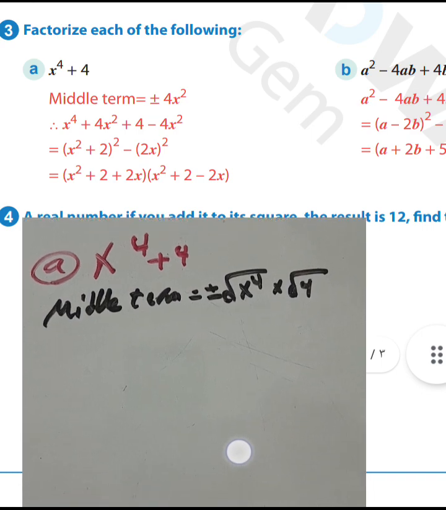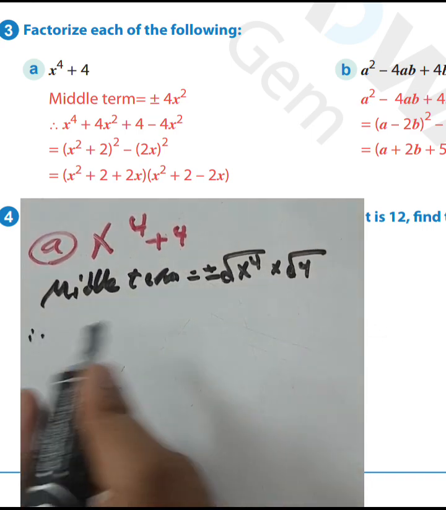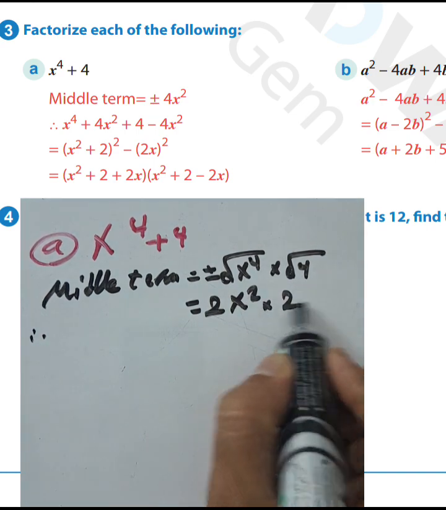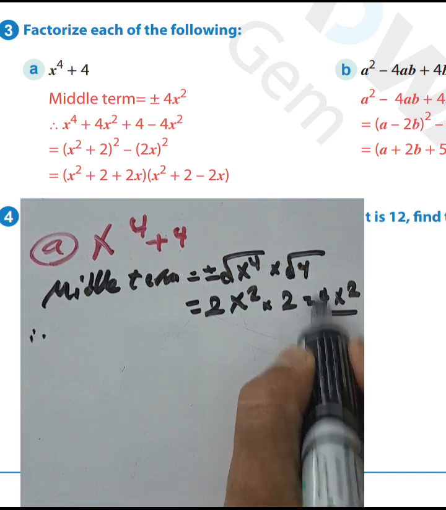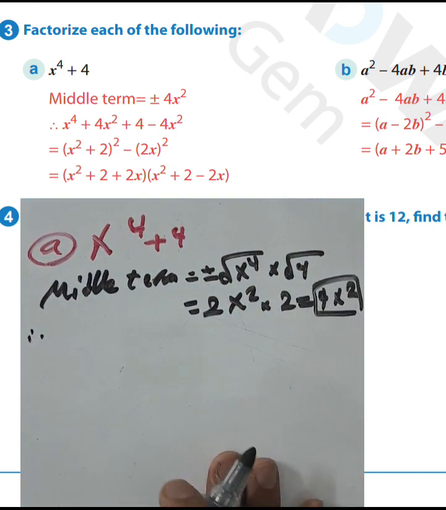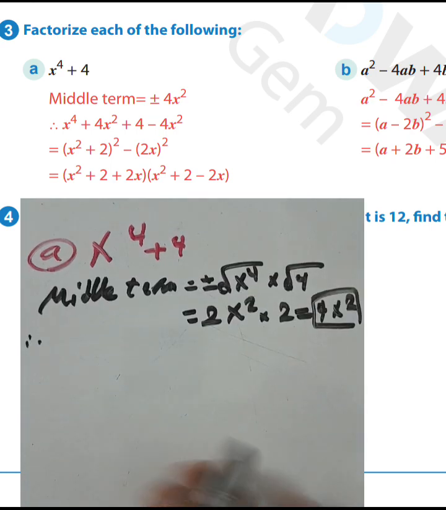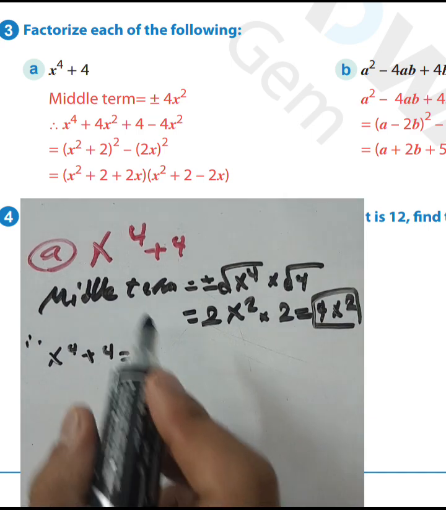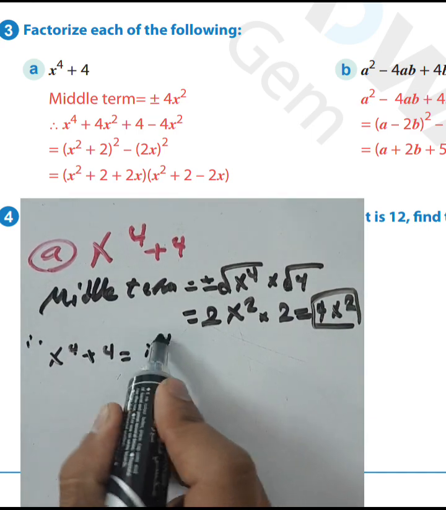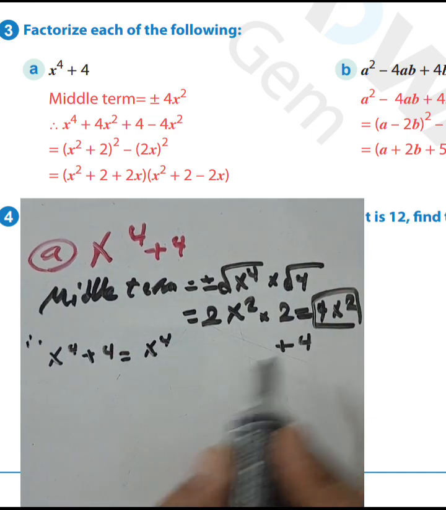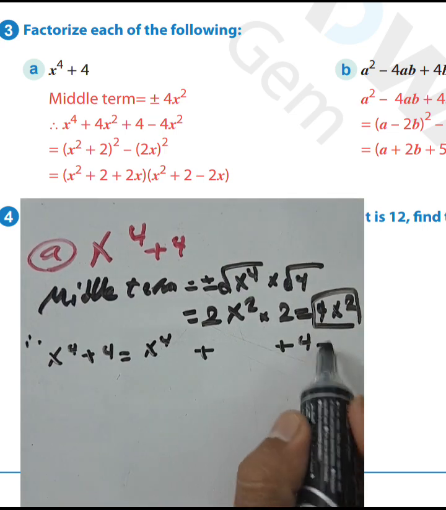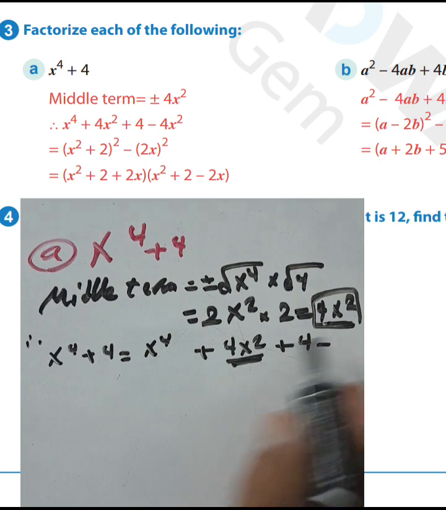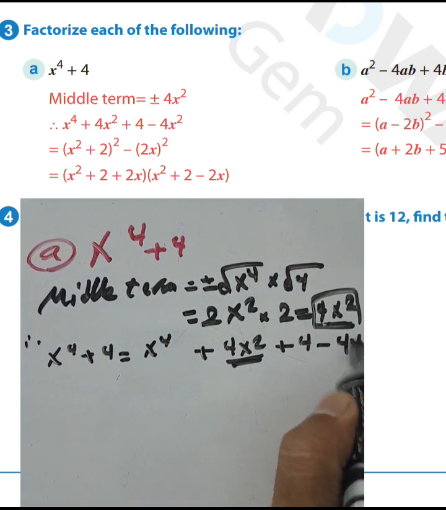Okay, and then we can find the result: 2 times x power 2 times 2. The result will be 4x power 2, positive or negative. Then x power 4 plus 4 will be equal to what? Write x power 4 and 4 here, plus and minus 4x power 2, with this number in the middle, and this number 4x power 2 outside.